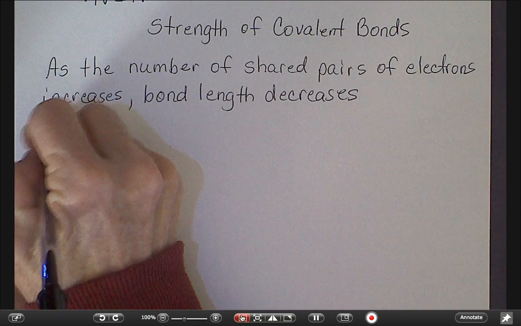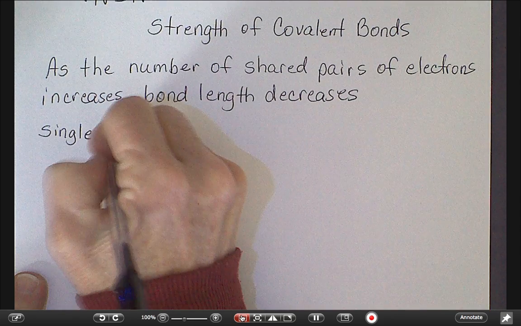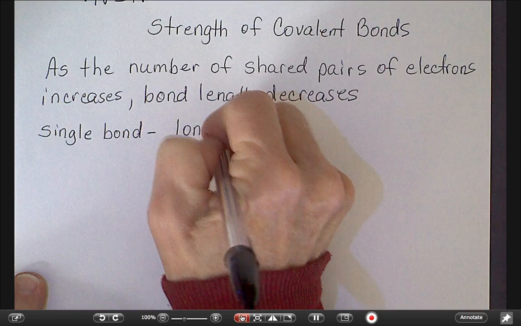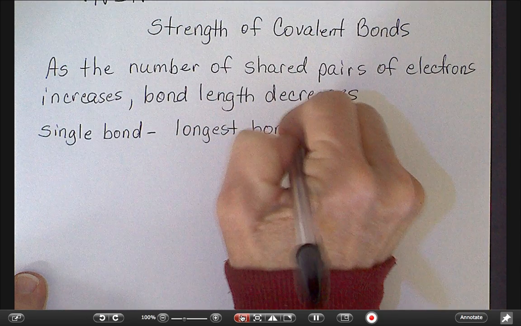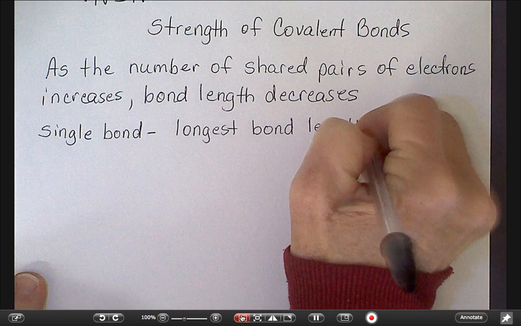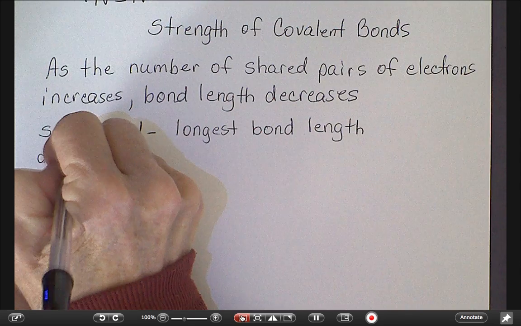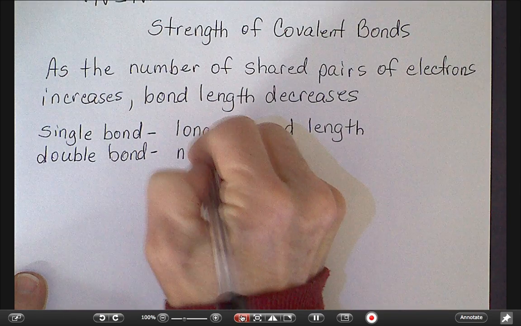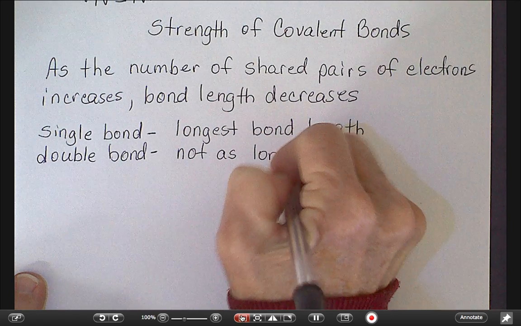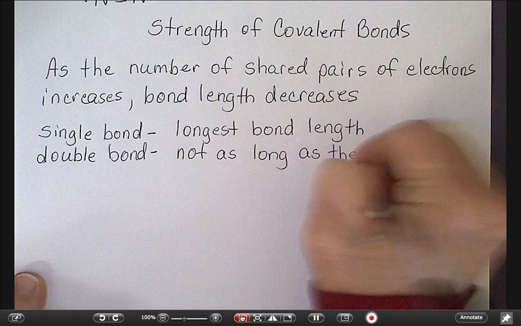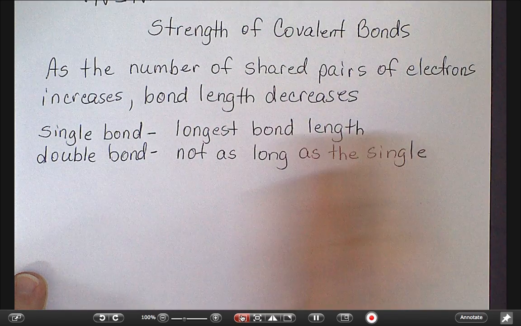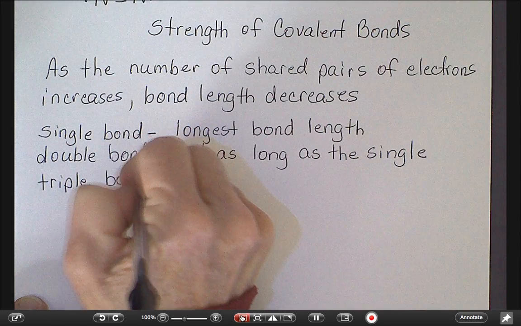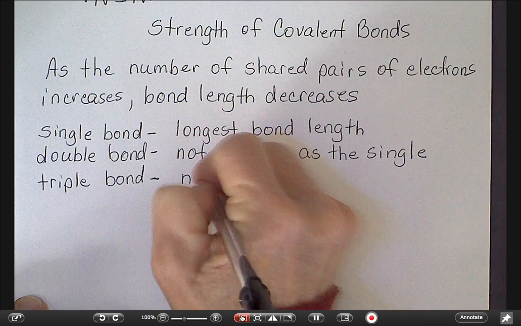Okay, single bond: longest bond length. Double bond: not as long as the single. Triple bond: not as long as the double.